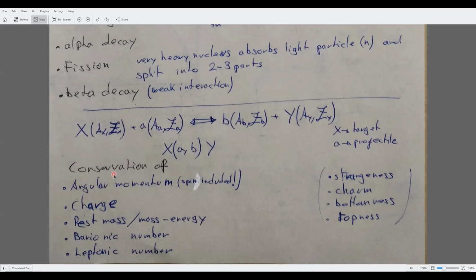This conservation is not just put there because it's a class. It's really important. If you use the conservation, especially of charge, also of spin, and mass for another, then with the baryonic and the leptonic numbers you can manage to reconstruct the reaction really well.